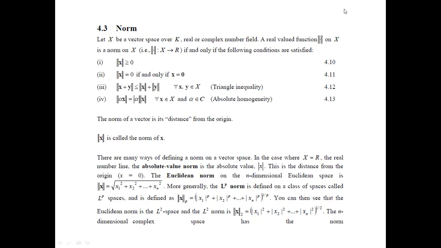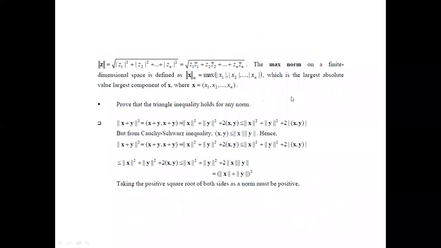The n-dimensional complex space has the norm of z equals the square root of modulus of z1 squared plus modulus of z2 squared up to plus modulus of zn squared, which is the square root of z1 z1 bar plus z2 z2 bar plus up to zn zn bar.